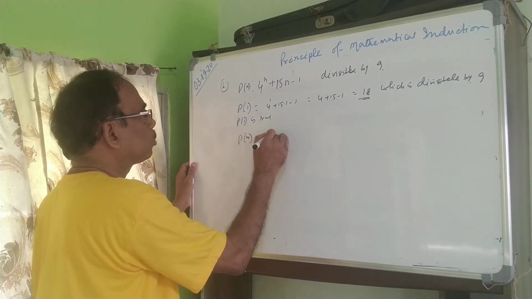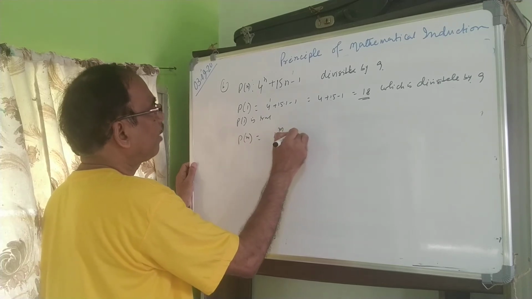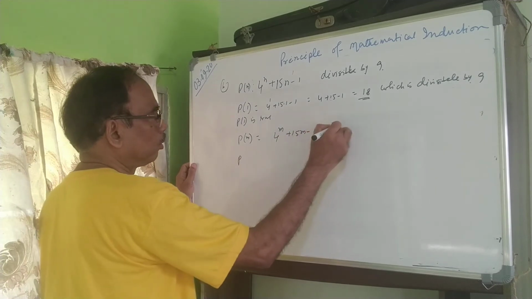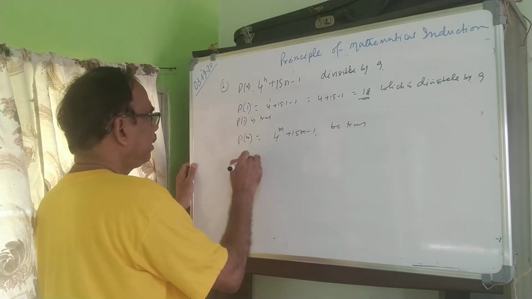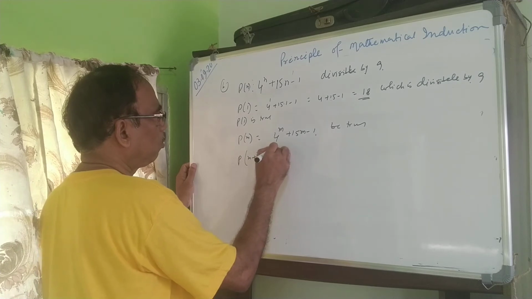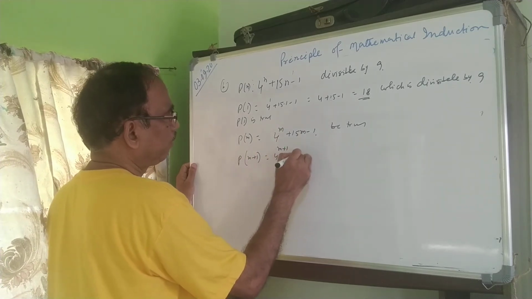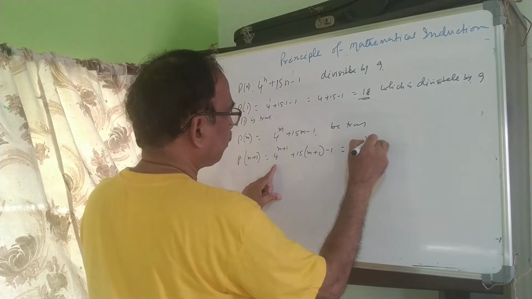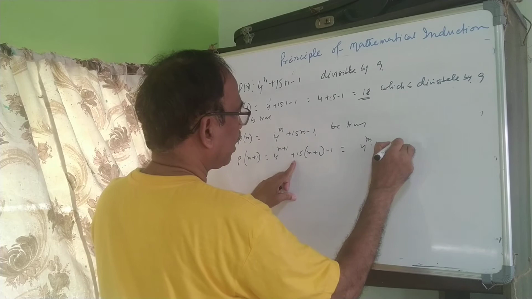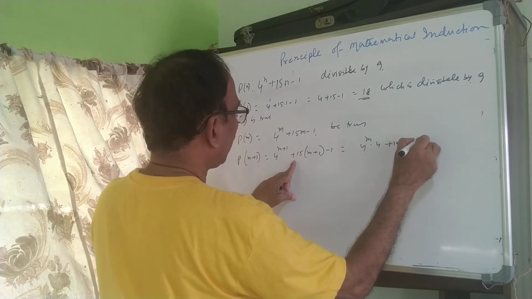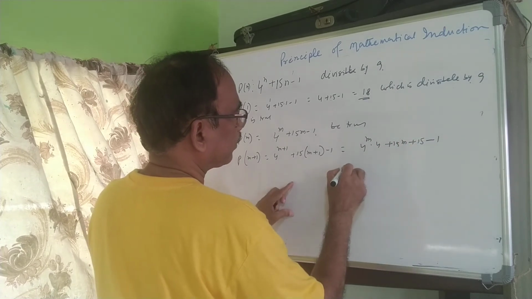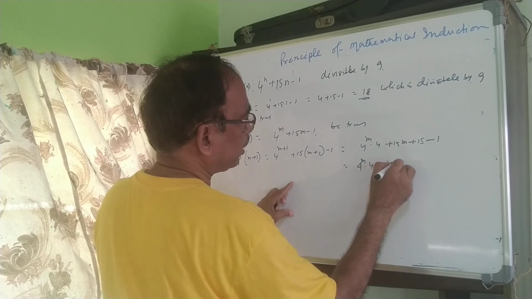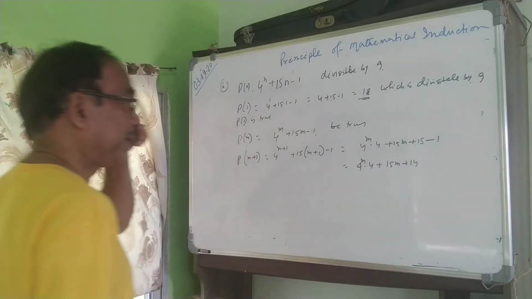Let Pm be true. Then Pm equals 4 to the power m plus 15m minus 1. Then Pm plus 1 is 4 to the power m plus 1 plus 15 into m plus 1 minus 1, that is 4 to the power m into 4 plus 15m plus 15 minus 1, that is 4 to the power m into 4 plus 15m plus 14.